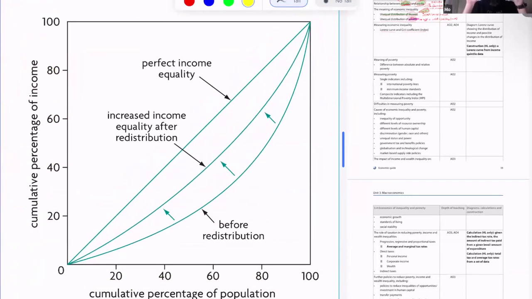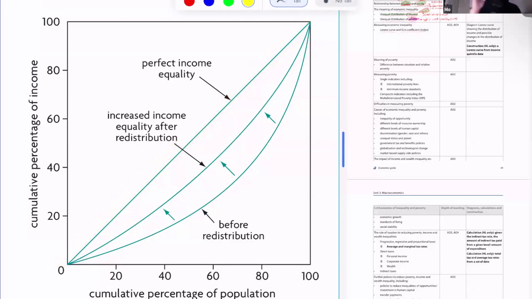In a perfectly equal society, 20% of the population will earn 20% of the income. 40% will earn 40%, 60 will earn 60, and so on and so forth. So this diagonal is the line of perfect equality or absolute equality.